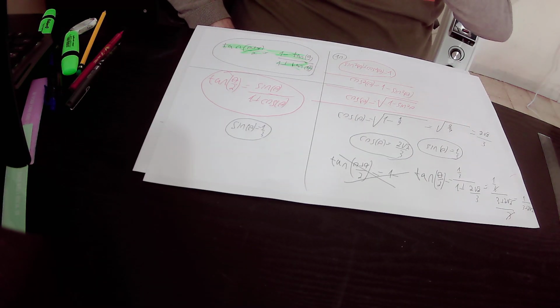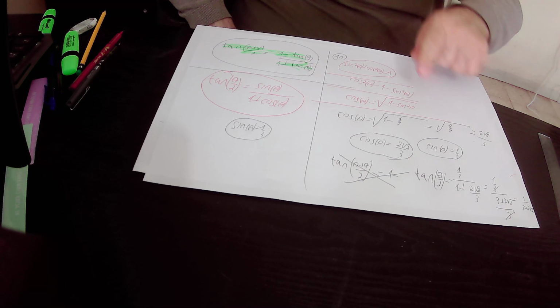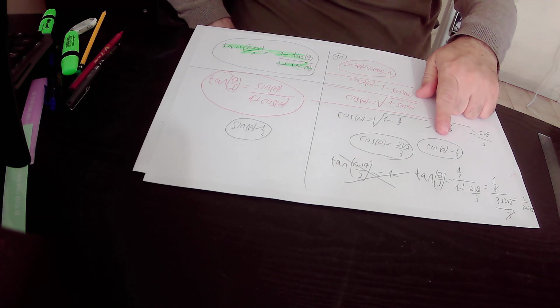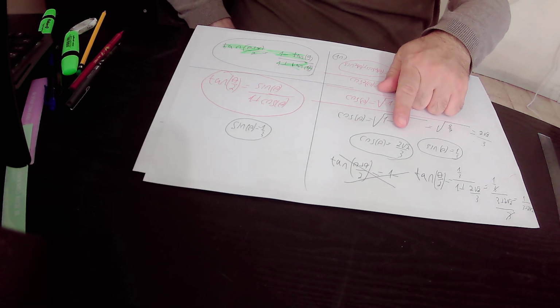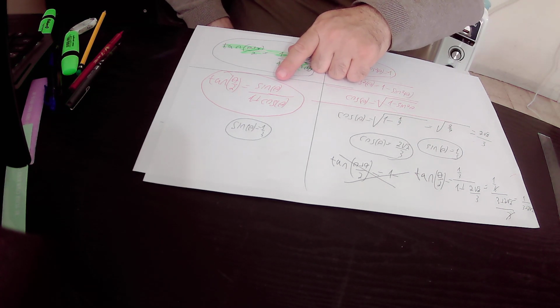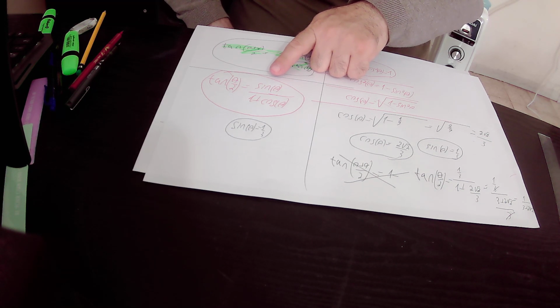Now we can put the values of sine theta, which equals 1 over 3, and cosine theta, which equals 2 times square root of 2 over 3, inside this trigonometric identity in order to find the value of tangent theta over 2.